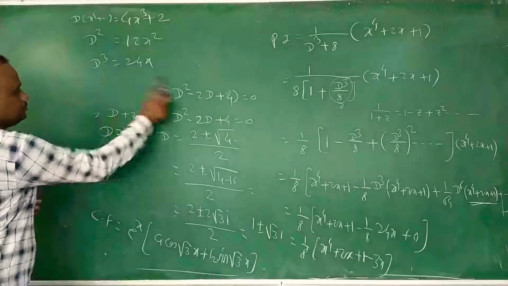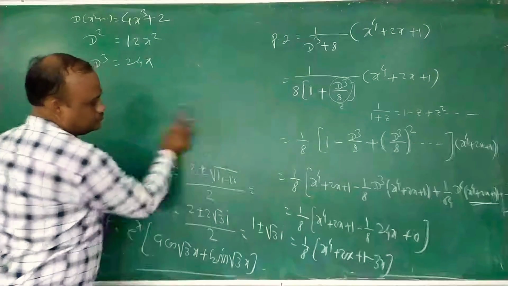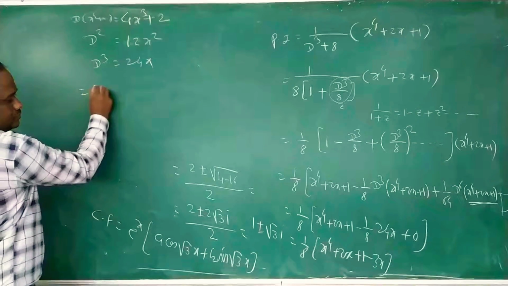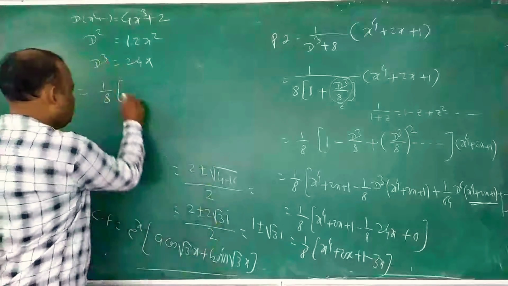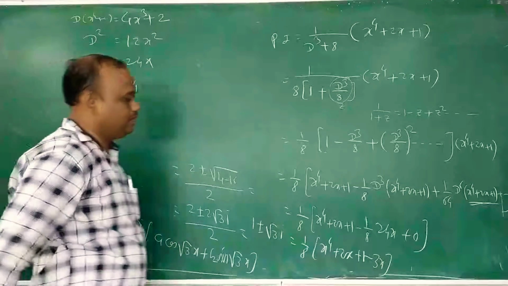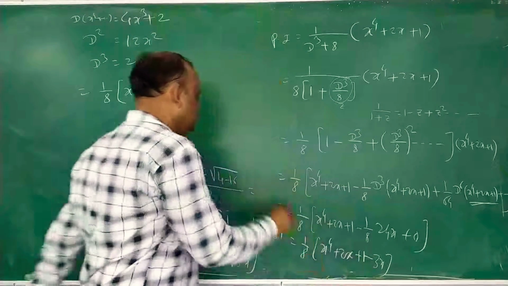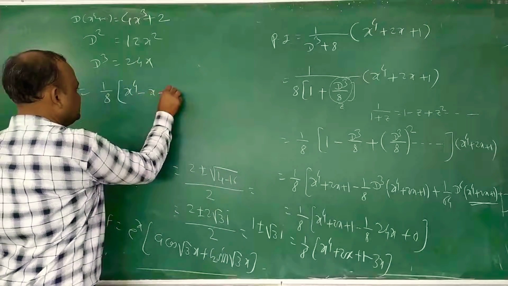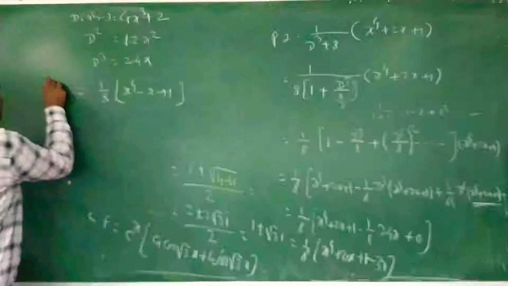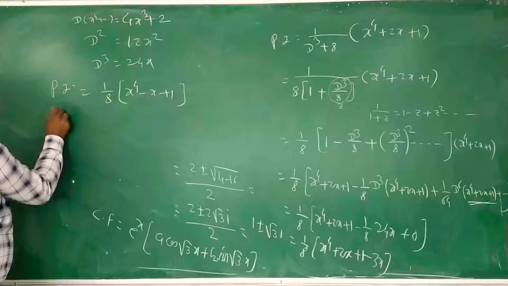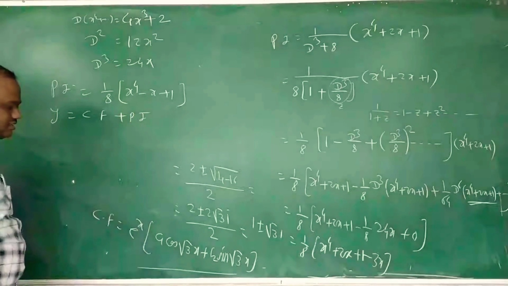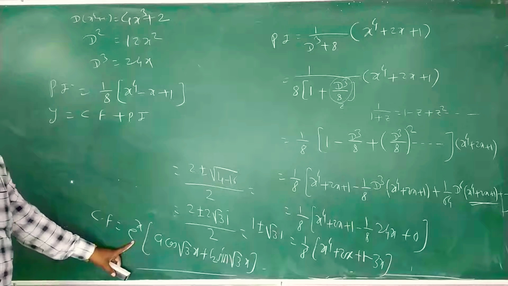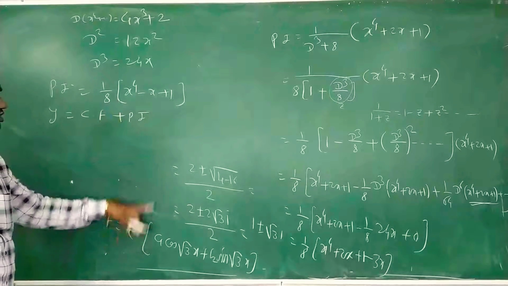So equal to 1 by 8 into x raised to 4 plus 2x minus 3x, that is minus x, plus 1. This is the PI. And then write the final solution y is equal to CF plus PI. What is CF? CF is this and PI is this. Take the addition of these two.